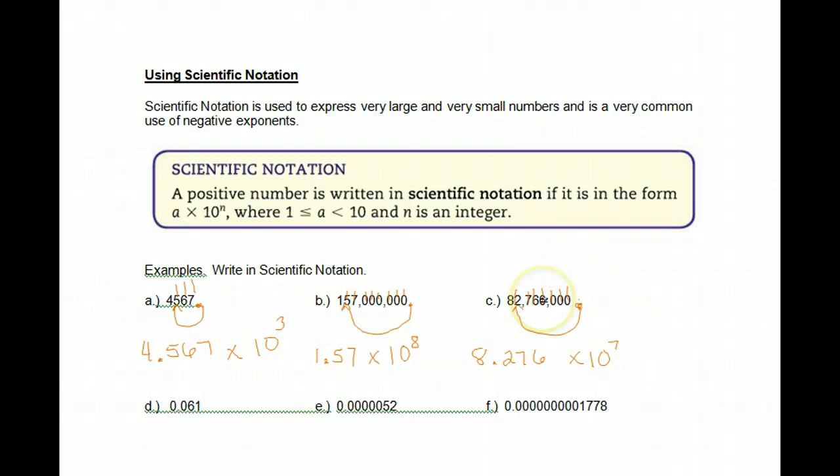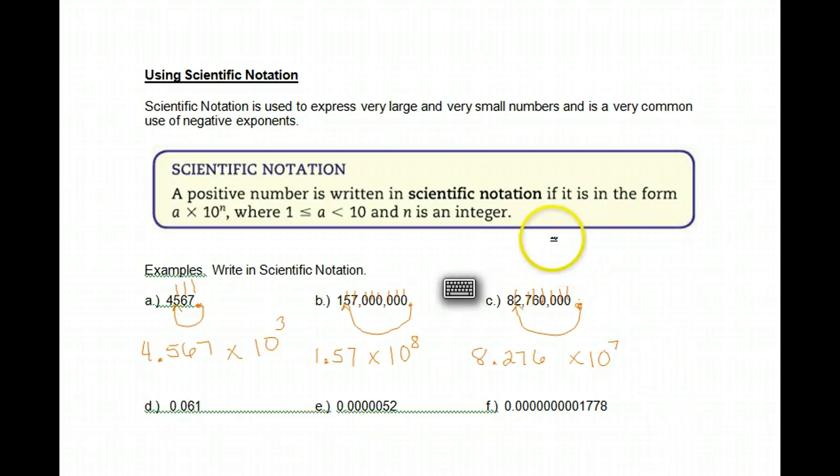Now please notice that every example that we did in A, B, and C were large numbers. These were numbers that were greater than 1. We were dealing with pretty big numbers.